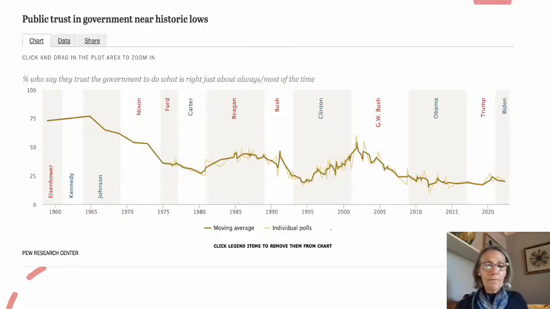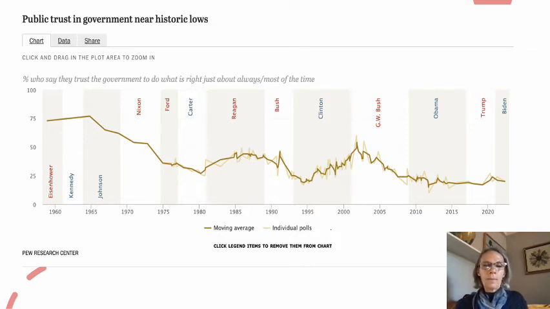Another important feature of political efficacy is the idea that people in a democracy trust government to do the right thing. This is a graph that shows, over time since the 1950s, people's attitudes about trust in government.